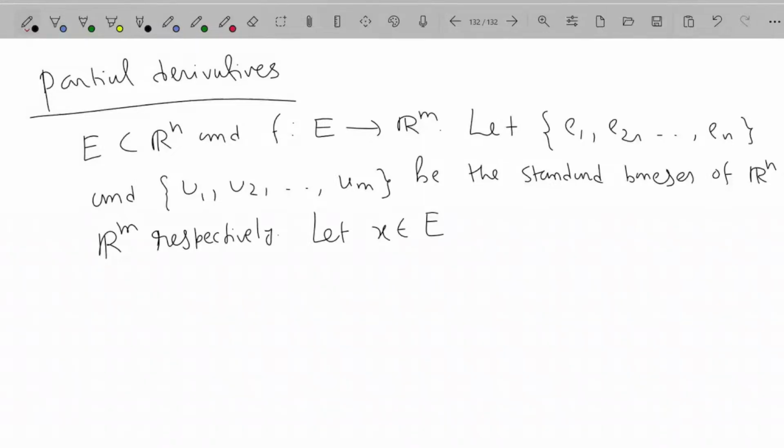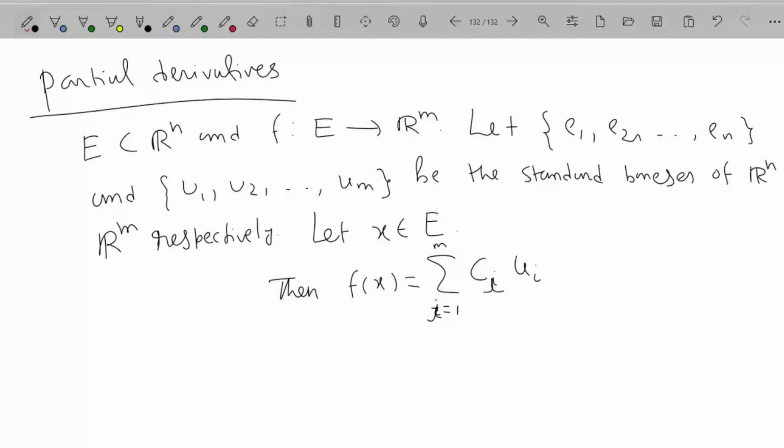So f of x can be written as the sum over i equals 1 to m of ci times ui. I will use the notation i, because j I use in a different way. It's a usual thing.